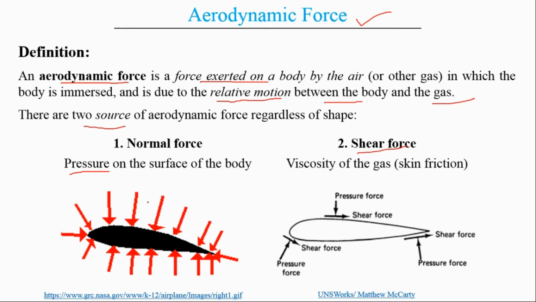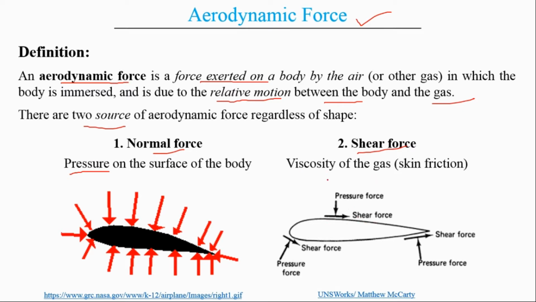When we categorize it based on the direction or type of it, we can categorize it as normal force and shear force. Normal force is nothing but the force acting in the normal direction. Here we see that pressure on the surface of the body is acting in the normal direction, that is perpendicular to it. And shear force acts in the parallel direction.